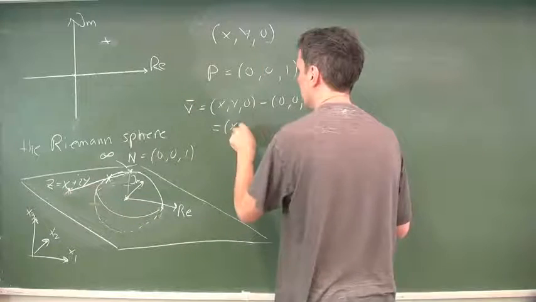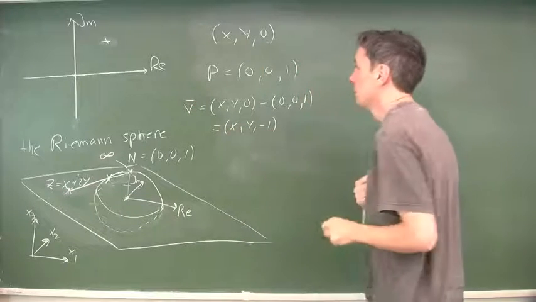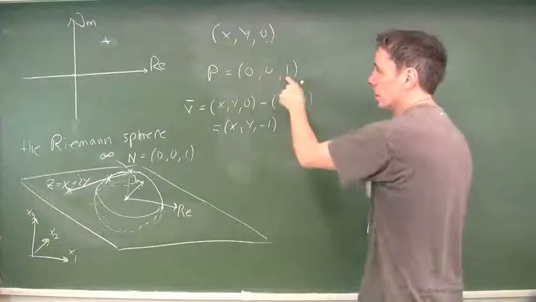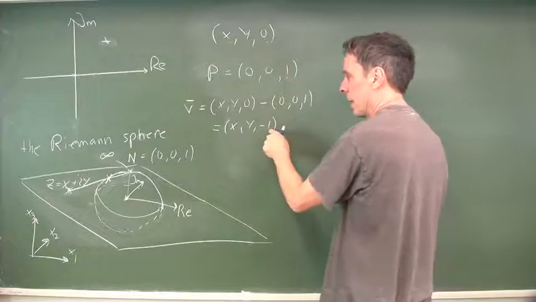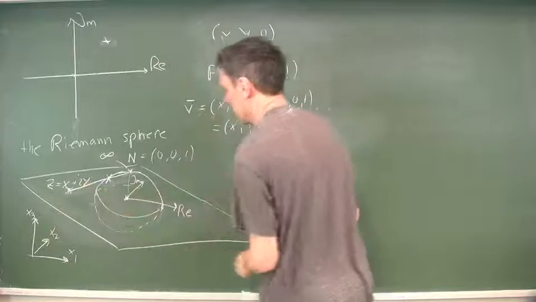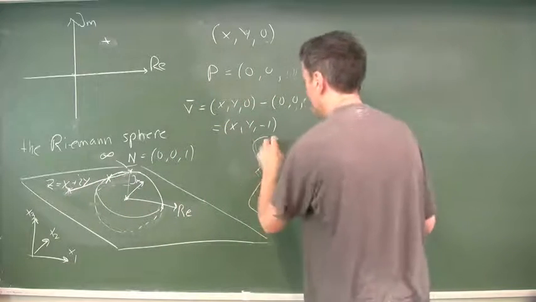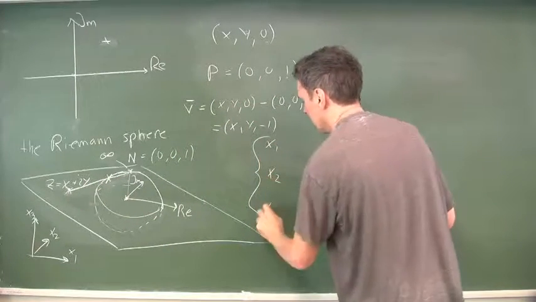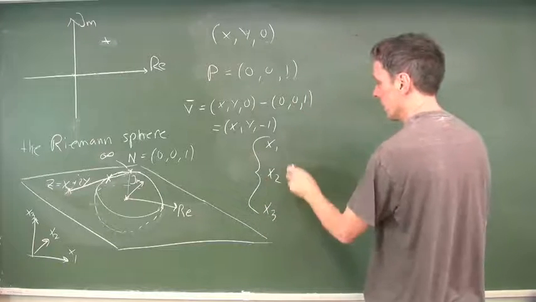So this will be x, y, minus 1. And now we have one point on the line, and we have a vector parallel to it. So we can write down the parametric representation of this line, using coordinates x1, x2, x3.